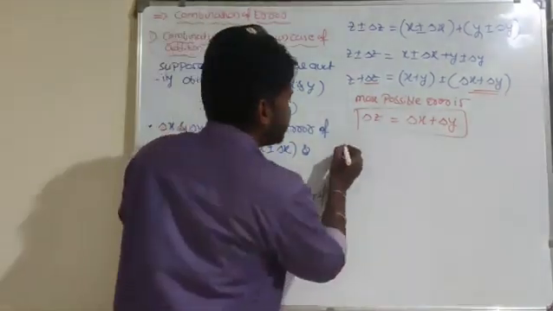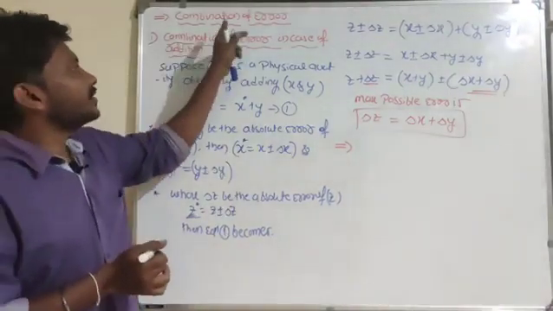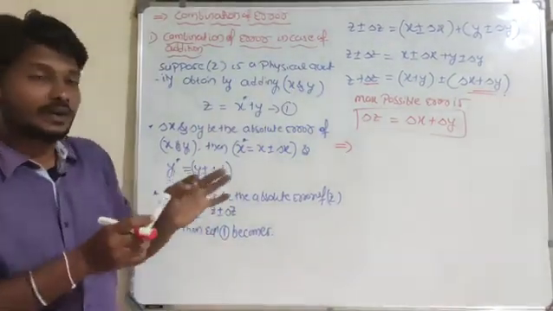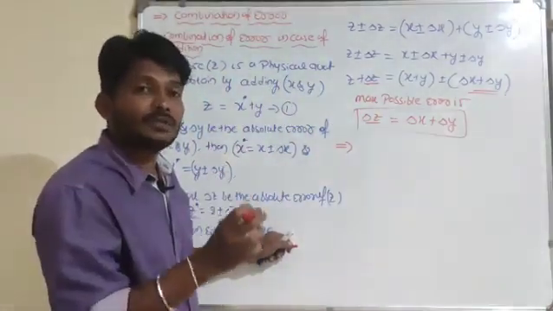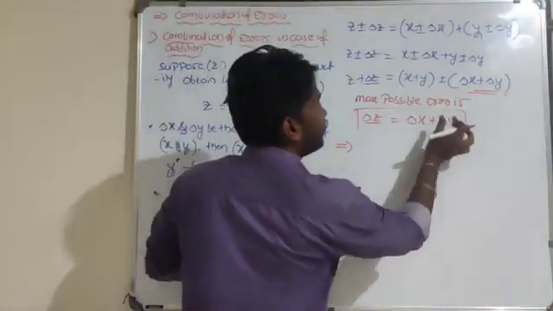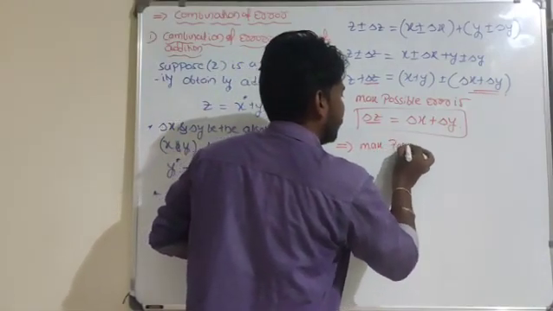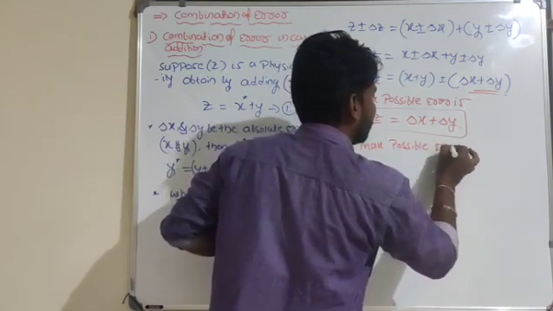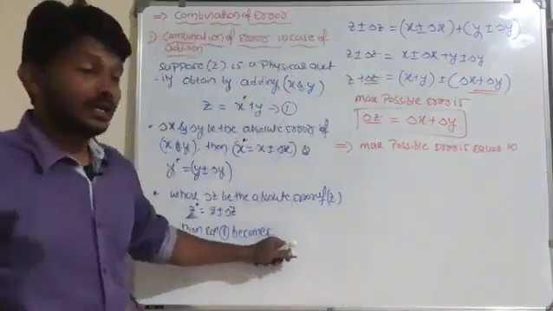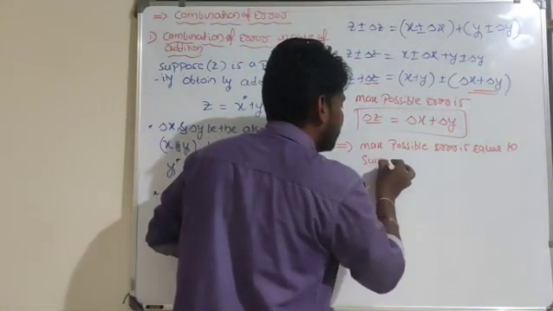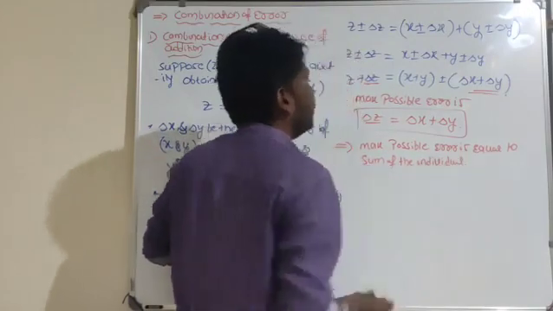So what conclusion do we get from this equation? For the combination of errors in the case of addition, the maximum possible error is equal to the sum of the individual errors.